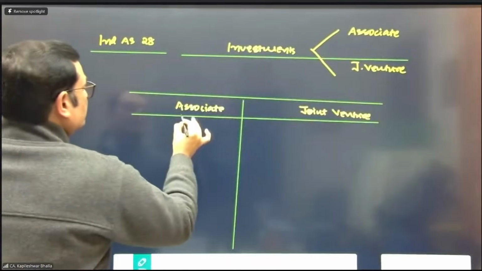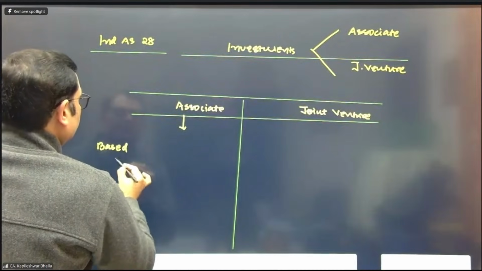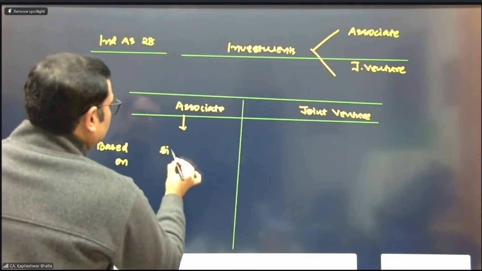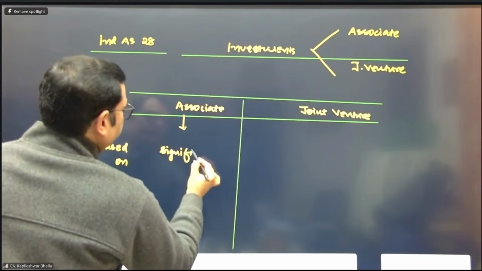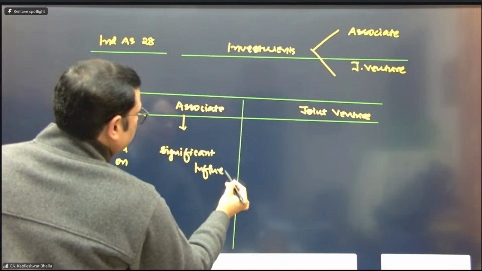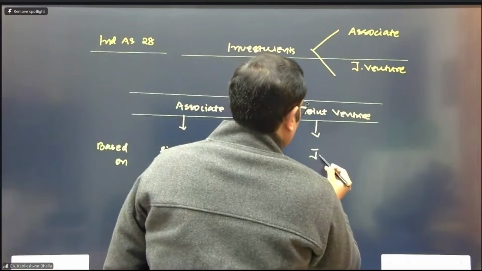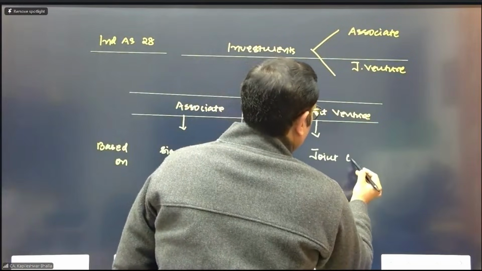So as far as an associate is concerned, it is based on significant influence. And a joint venture is based on the concept of joint control.